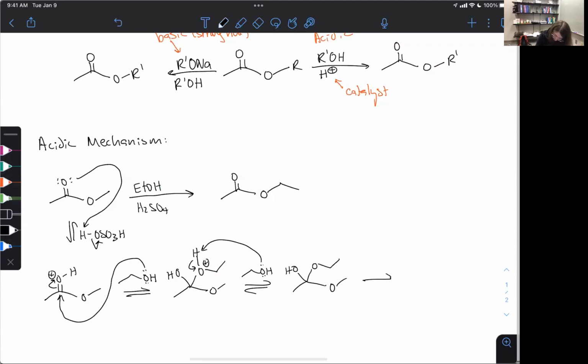And then we can turn around and protonate our methoxy side. Okay, so once we get to here, now we have formed a good leaving group for ourselves.